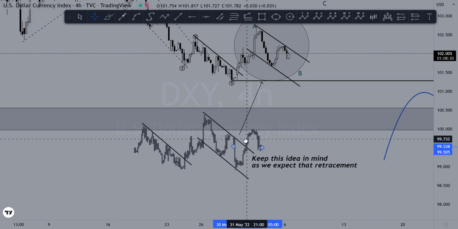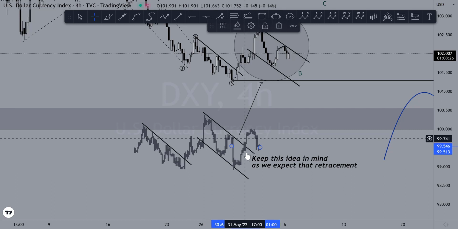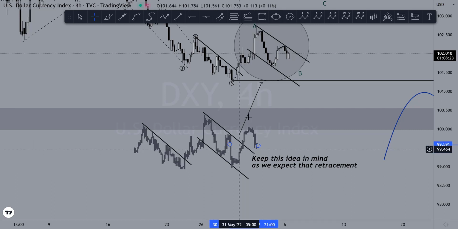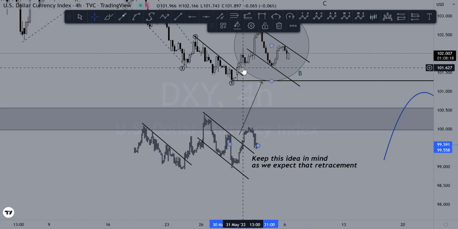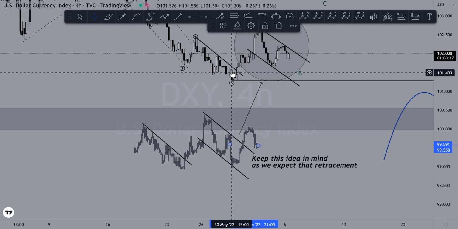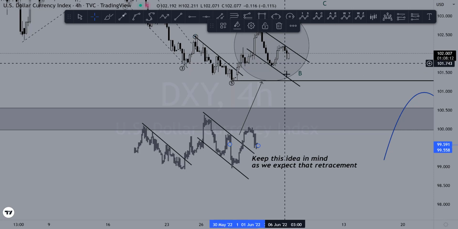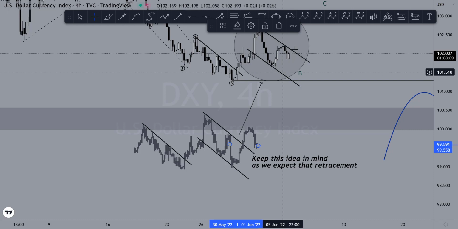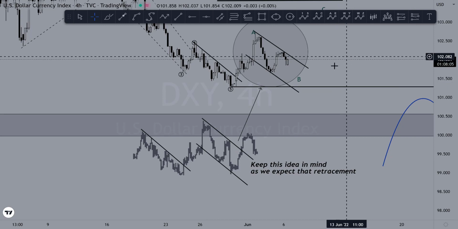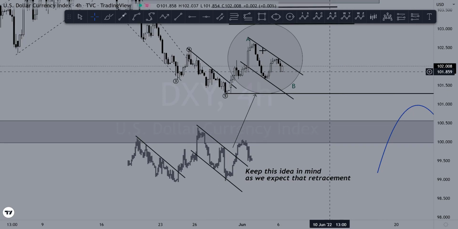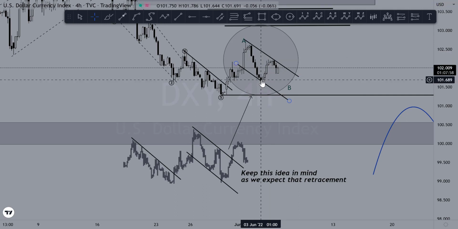Let me just put this back so that I explain the idea that I have in mind on this index. I'm expecting this price to continue to go down to these areas where they've taken out this low, keeping in mind this particular order block here. We don't need to necessarily come down to touch this trend line, because this is just a direct copy of this line that I've just put on down there.